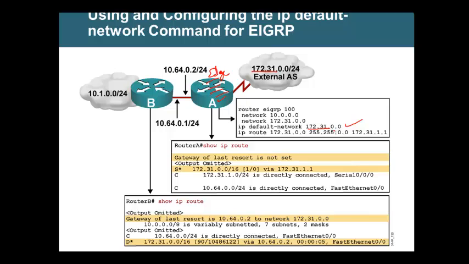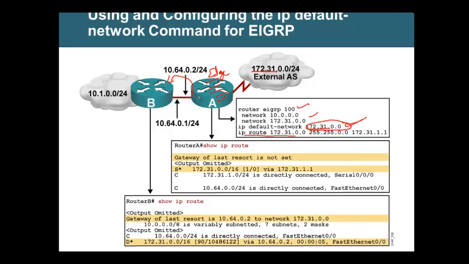Then we write a static route that can be used by EIGRP to advertise this default network. So you have defined a default network. The default network needs to be advertised to the inside EIGRP neighbor.